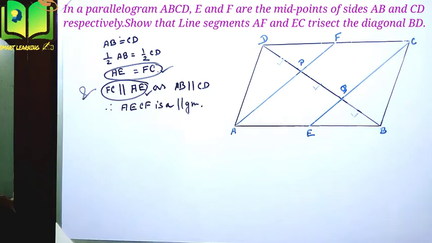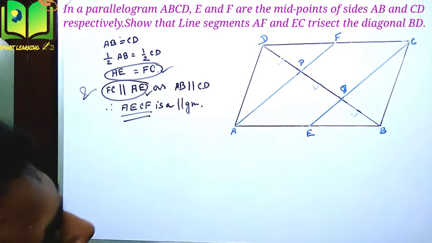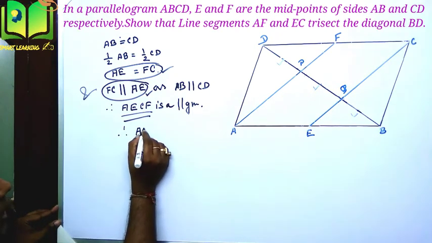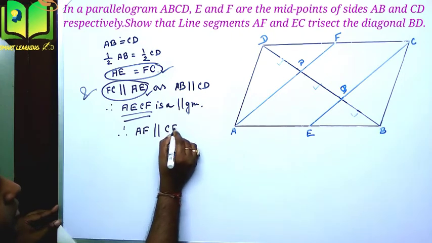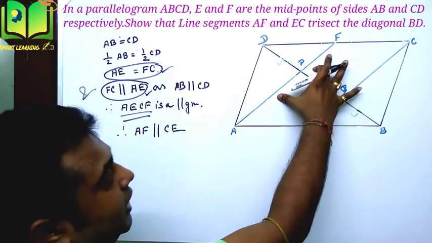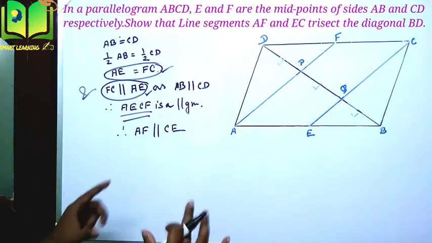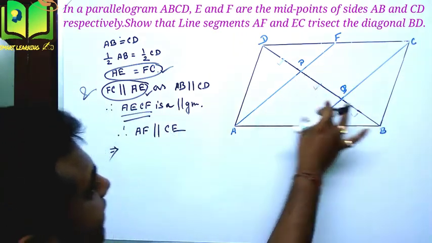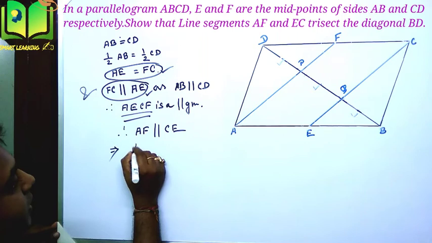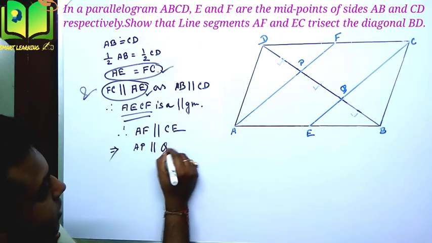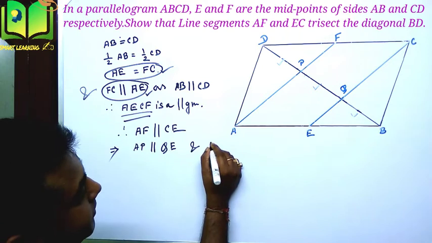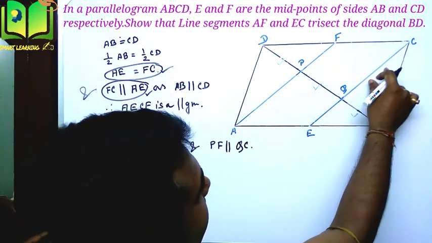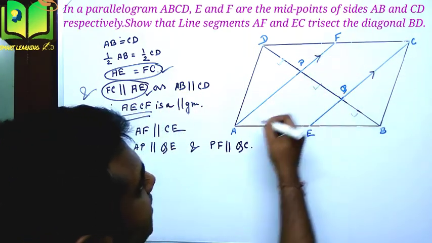So if this one is a parallelogram, therefore AF is parallel to CE. From this, it implies that AP is parallel to QE, and PF is parallel to QC, meaning this line is parallel to this. Now we have this condition.